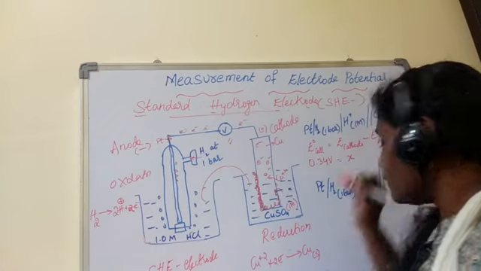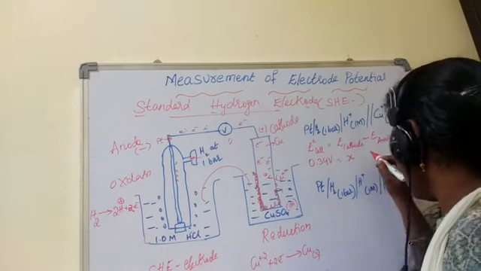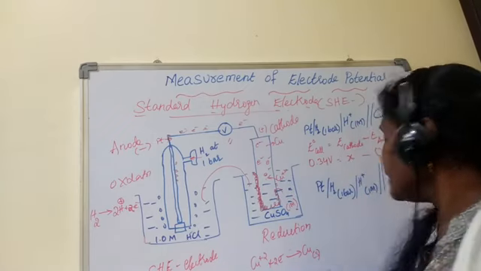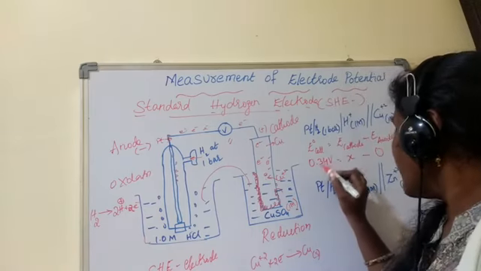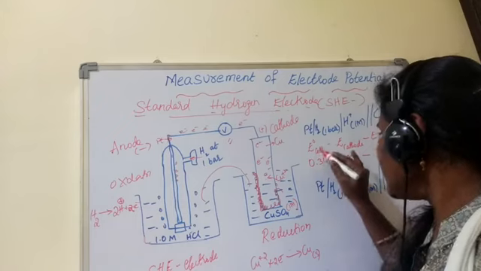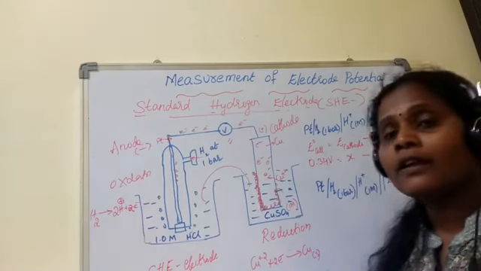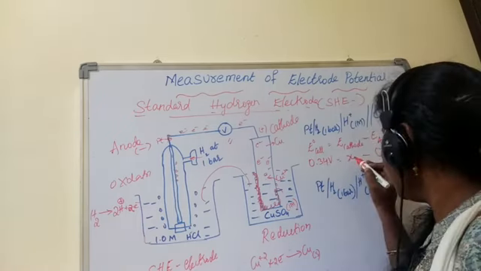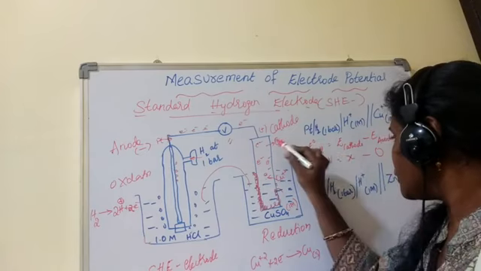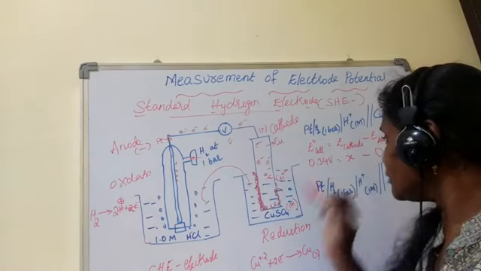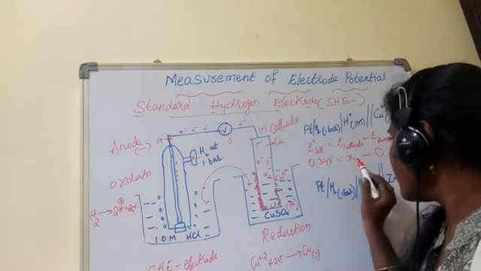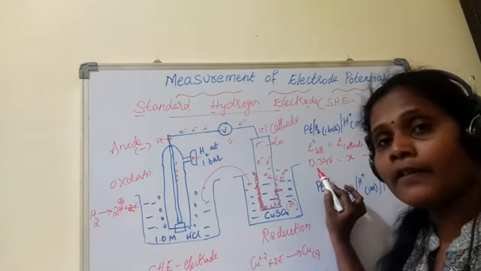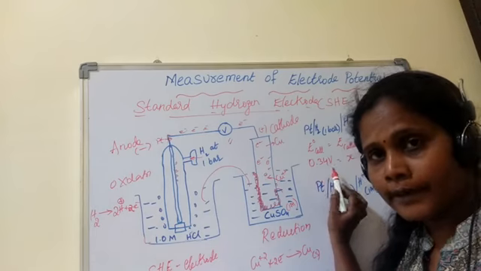I don't know its value, X. And the anode value, I said, is arbitrarily fixed as 0. Therefore my E cell will be equal to my cathode value. Therefore, my copper standard electrode potential is 0.34. Again I am saying reduction potential: the standard reduction potential of copper is identified to be 0.34 volt.